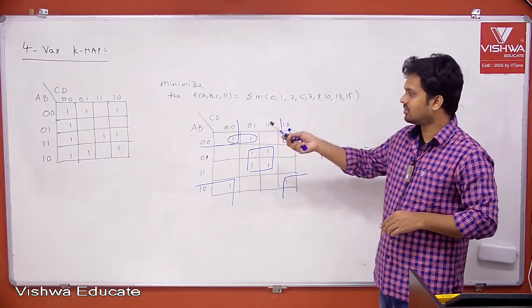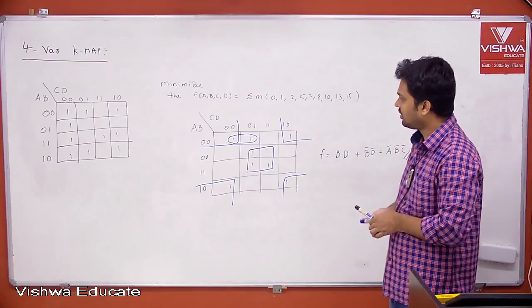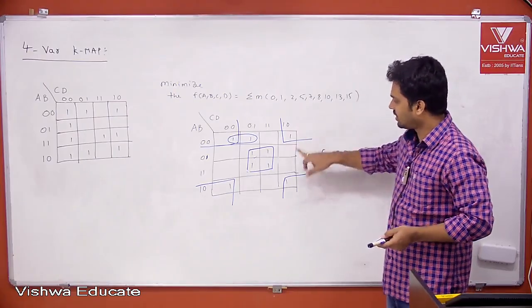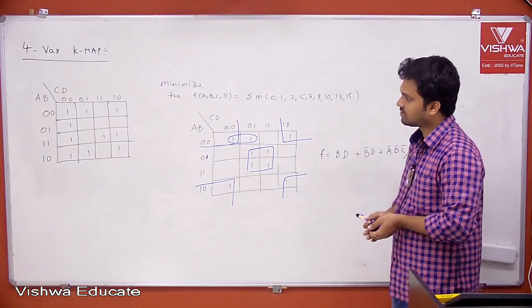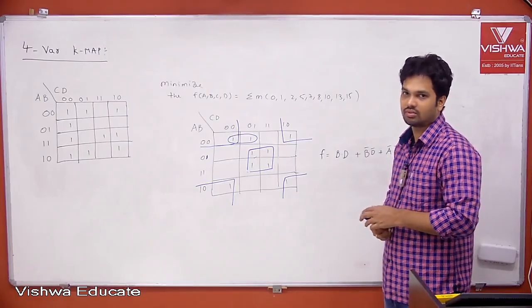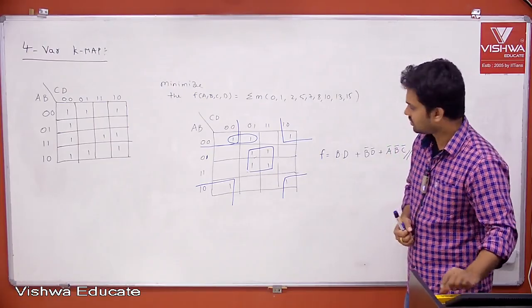Say for example, write the minimized expression of the following K-map is asked. Here one way is they may give expression. They can ask to draw the K-map and minimize it. Or sometimes they can give the minimized directly K-map. They can ask what is the expression, minimized expression. Let us see that.